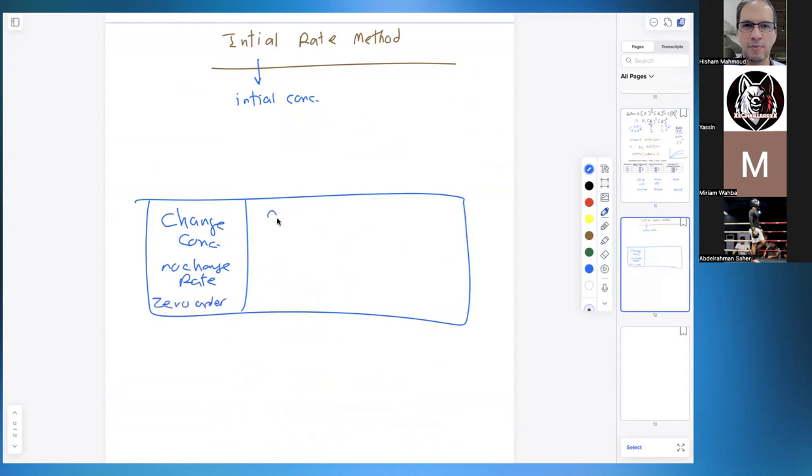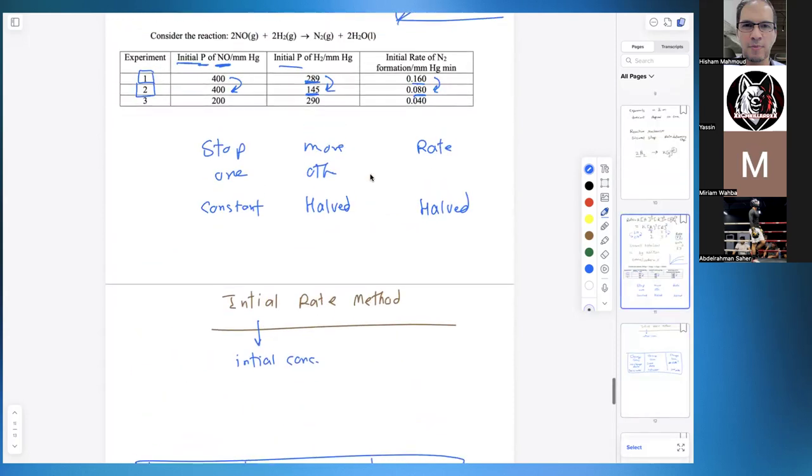If the change in concentration causes the same change in the rate, it is first order. If the change in concentration causes the rate to be powered by 2, it is second order. Somebody tell me, is this the same change, powered, or no change at all?